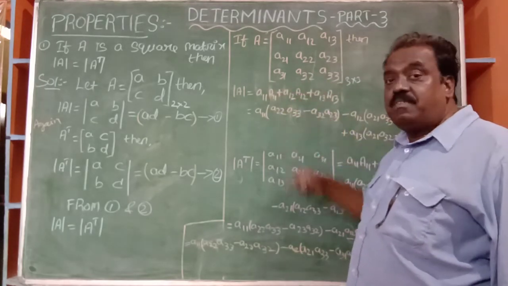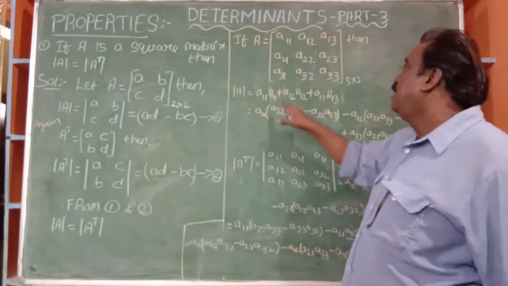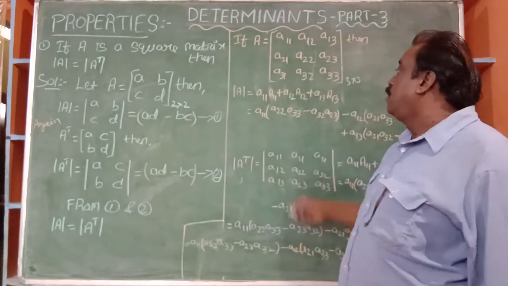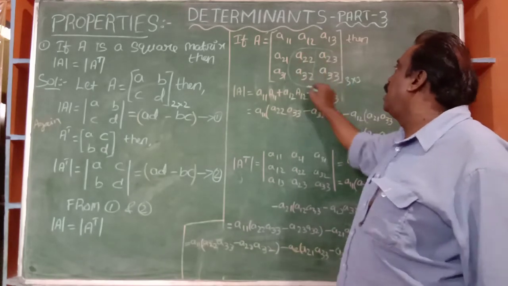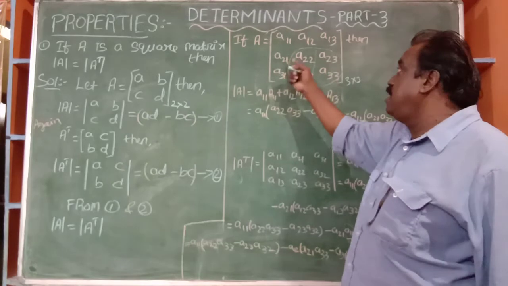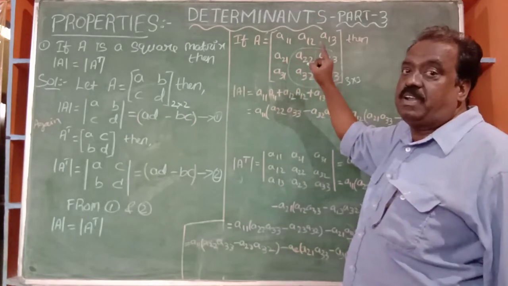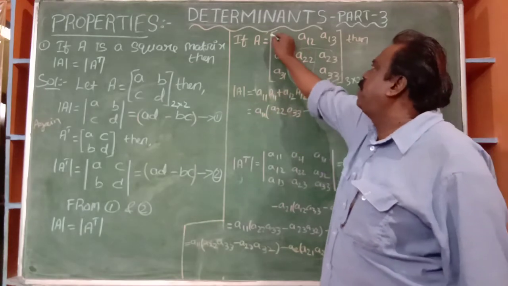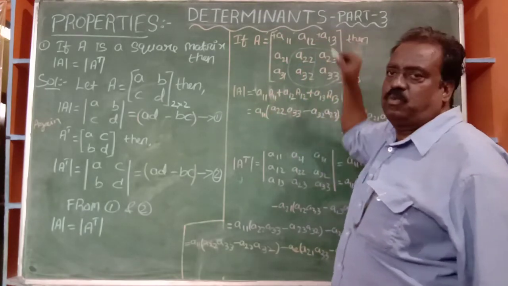Then what is capital A11? Try to understand it. A11 is the cofactor of a11. After deleting that row and column, this is the minor, and it is multiplied by minus 1 to the power 1 plus 1. Here it is plus. Very simple. The signs go plus, minus, plus.